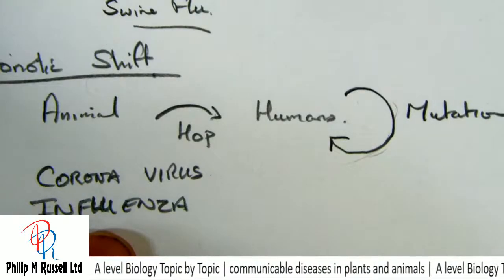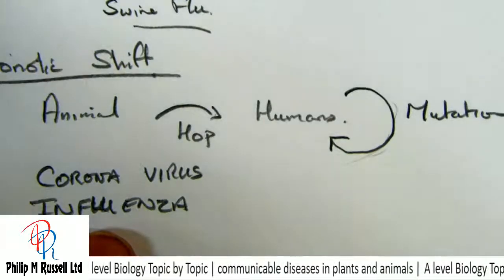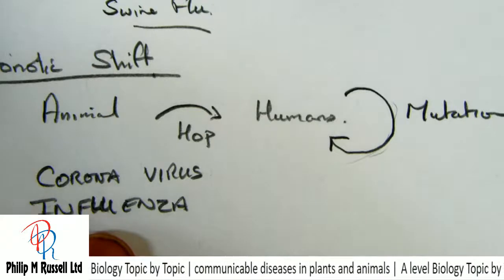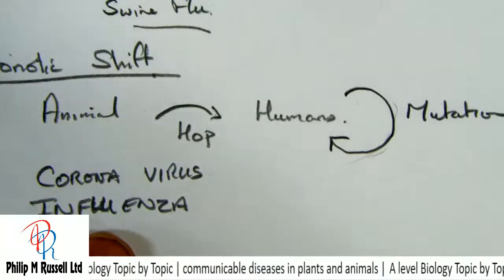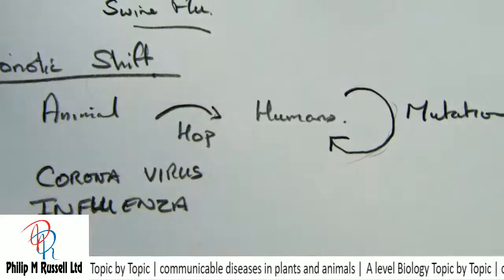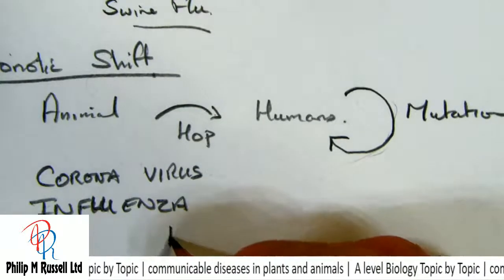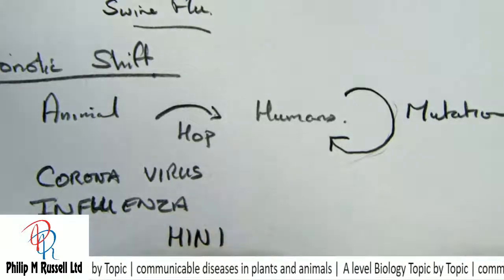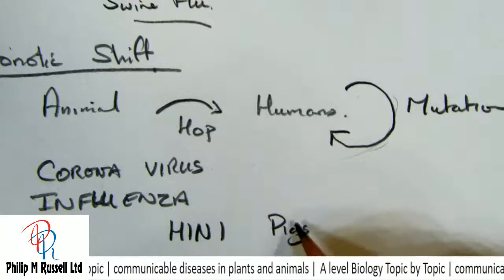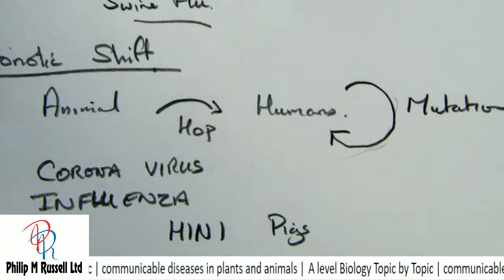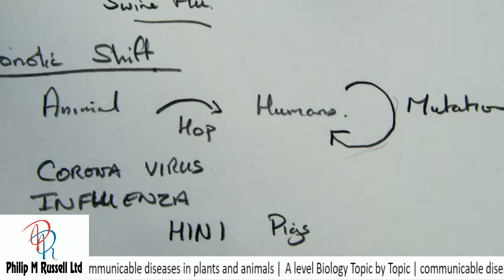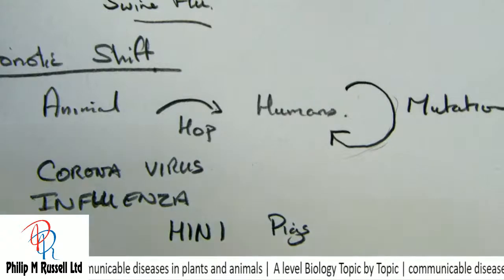In March 2009, a small village in Mexico became infected with a new disease, and a few died. Some of those that were infected were infected with a particular type of flu. It was called the H1N1 flu, and it was found in pigs. And somehow it had managed to cross into humans.